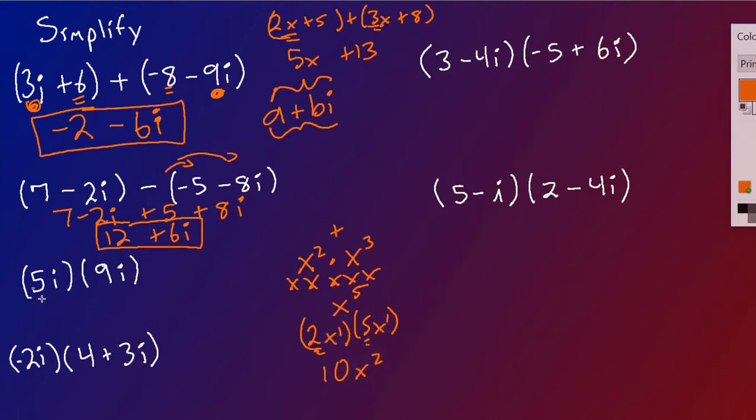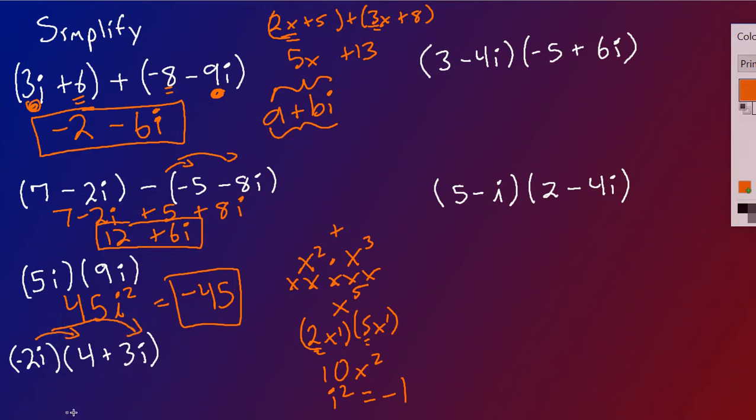So right here, what do I get? Well, 5 times 9 is 45, and i times i is i squared. Now I don't want to leave that like that because i squared equals negative 1. So this equals negative 45. And I'm done.